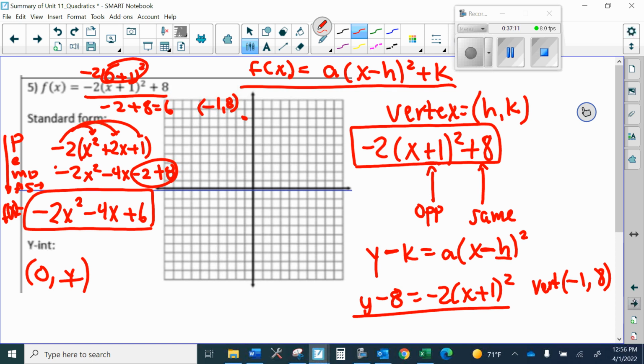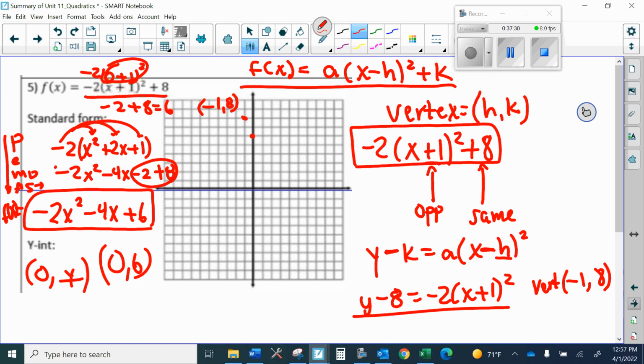Okay, so since I got 6 there and I got 6 if I plug 0 into the standard form, that probably tells me I did my standard form correctly, most likely. So (0, 6) is my y-intercept. 1, 2, 3, 4, 5, 6 right there.